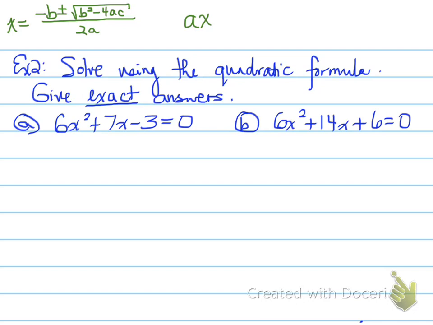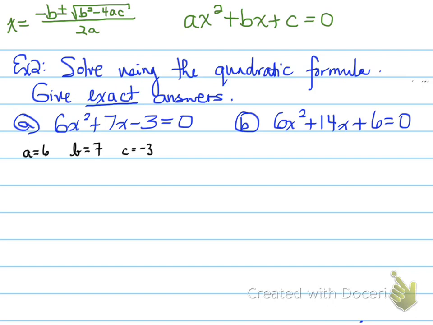And the a, b, and c can be found when the quadratic is in standard form. So we state our a, b, and c. Our a is 6, our b is 7, and our c is negative 3.